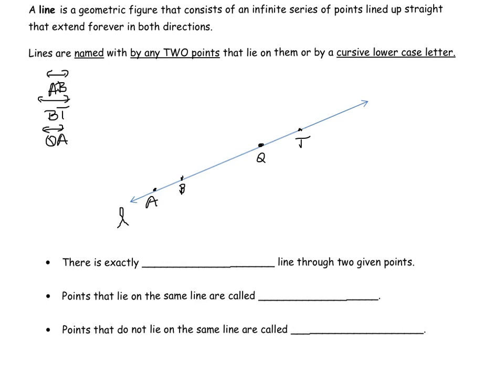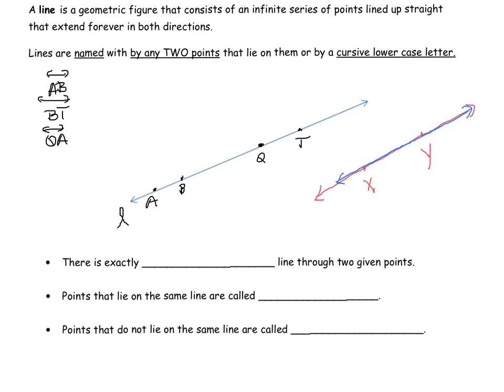And the reason that we only choose 2 of the points is because 2 points uniquely determine a line. If I were to pick 2 other points, say X and Y, and draw the line that passes through X and Y, that is a unique line. There is only one line I could have drawn there. If I were to try to draw another one, also through X and Y, I would get exactly the same line.